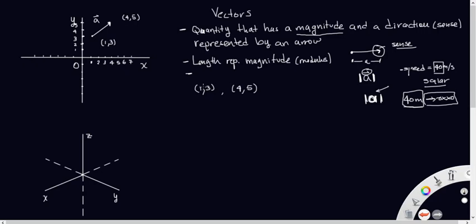So we have here a point located at (1, 3), which is the first point, and the ending point at (4, 5), which is right here. So these two points are the starting and the ending point of this vector.